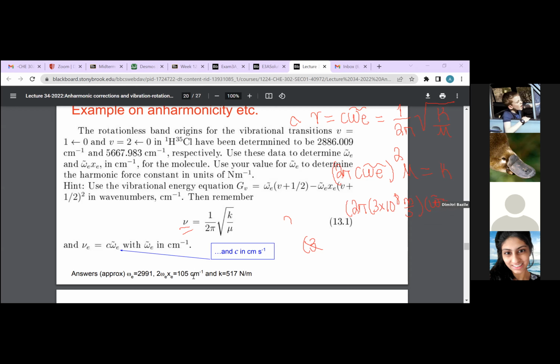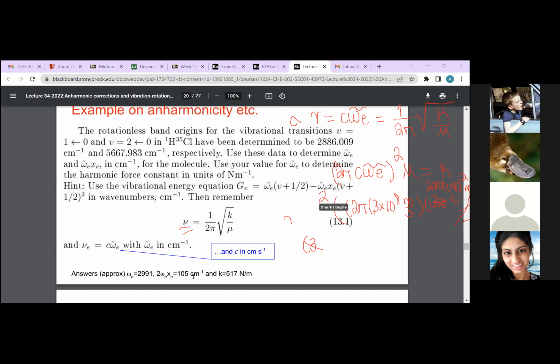So let's put in 2991, times 10 to the -2 because we want to put it in meters. And then that's going to be squared, right? Yeah, squared.